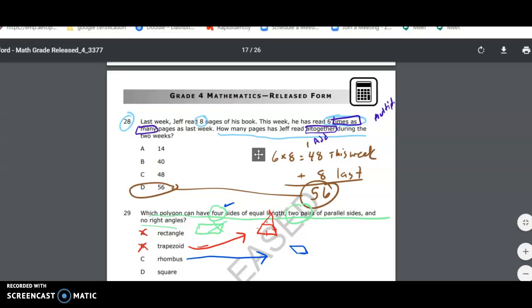Yeah, those are never going to intersect. They are both parallel, both pairs right there. No right angles. Remember, a right angle is 90 degrees. It doesn't have any right angles, so it satisfies that one. So our answer is going to be C for number 29.